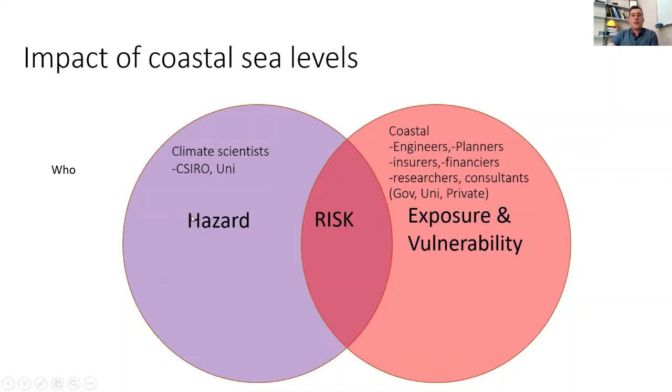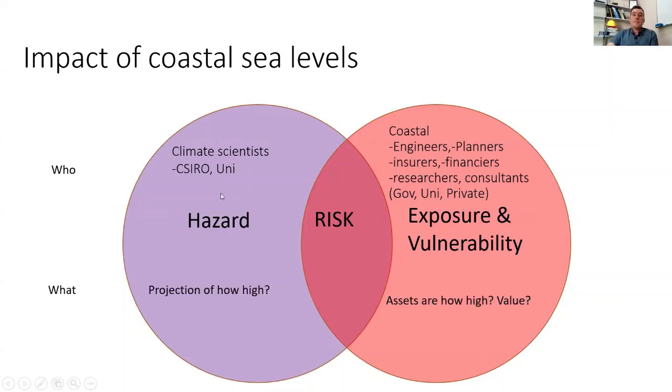On one side, we have climate scientists like myself and people in the team at CSIRO and at unis looking at the hazards. In the exposure and vulnerability, we have the stakeholders: coastal engineers, planners, people involved in insurance, finance. We also have researchers at universities looking at exposure and vulnerability, and also consultants, working in government at all levels, in universities and in the private sector.